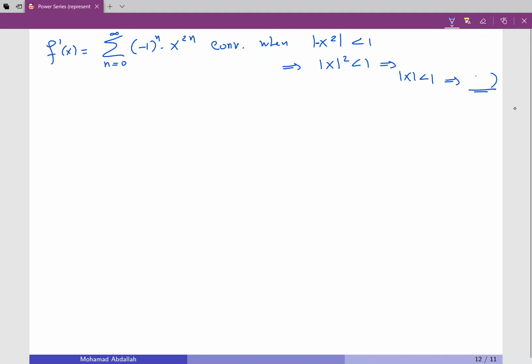Or let's forget about this for now. This just means that the radius of convergence is equal to 1.